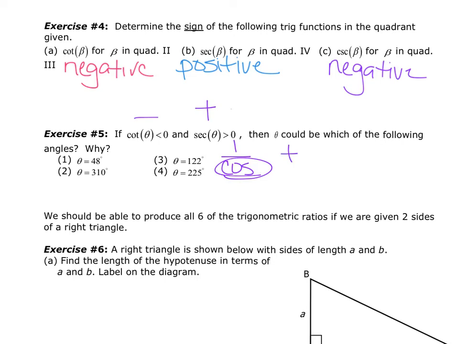So in what quadrants is the cosine, or the x value, positive? Well, quadrant 1 or quadrant 4. Those are the only two choices. So when I look at my choices, choice 3 is in quadrant 2, so that is gone. And choice 4 is in quadrant 3, so that is gone.